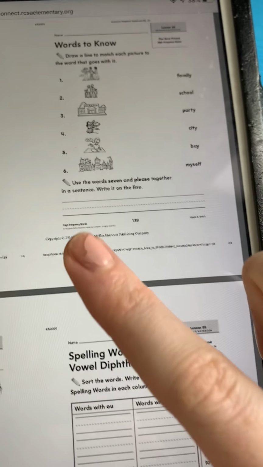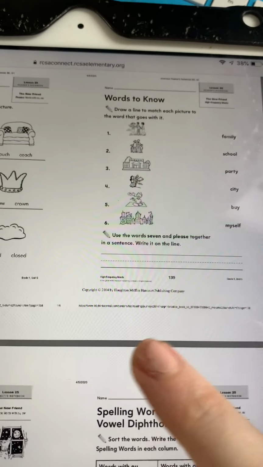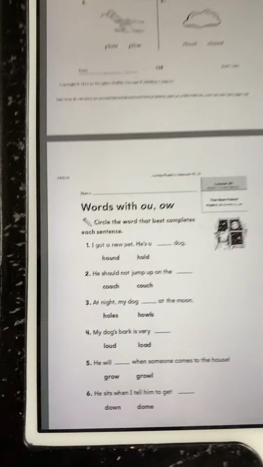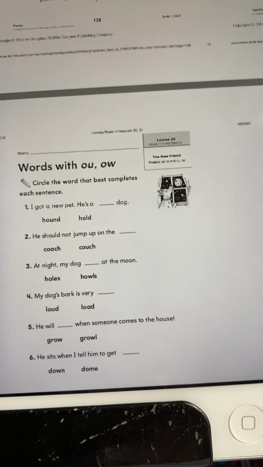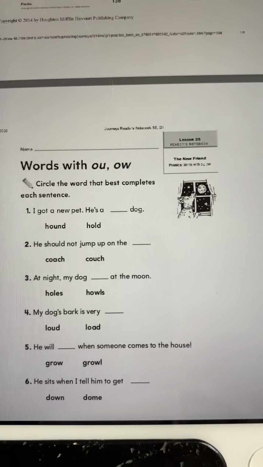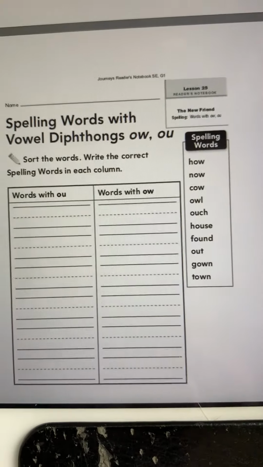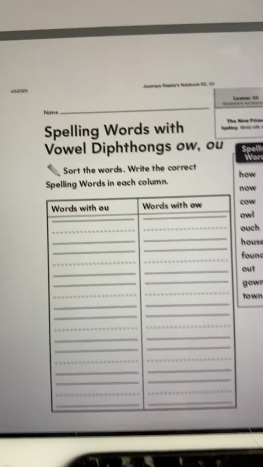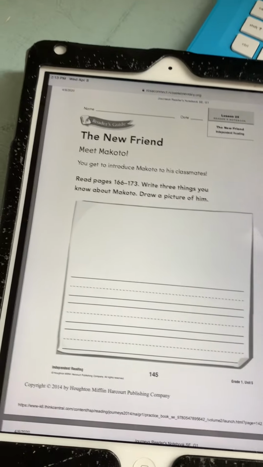Make sure that you're using capitalization and punctuation and finger spacing. Then we've got which word makes sense here. So you circle the word and read the sentence to see what makes sense. And then we've got separating. So we've got our OU and OW words to sort.